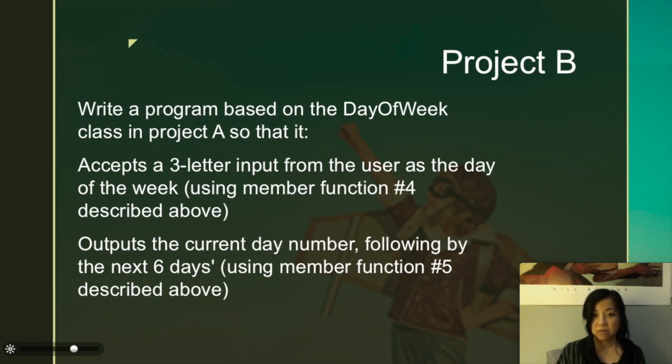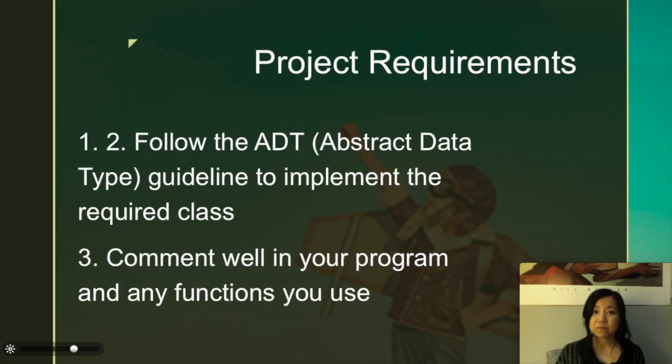As you can see, followed by the next 6 days, you would probably be using member function number 6 as well, and that's why the constructors and the 3 functions 4, 5, 6 are the required ones.